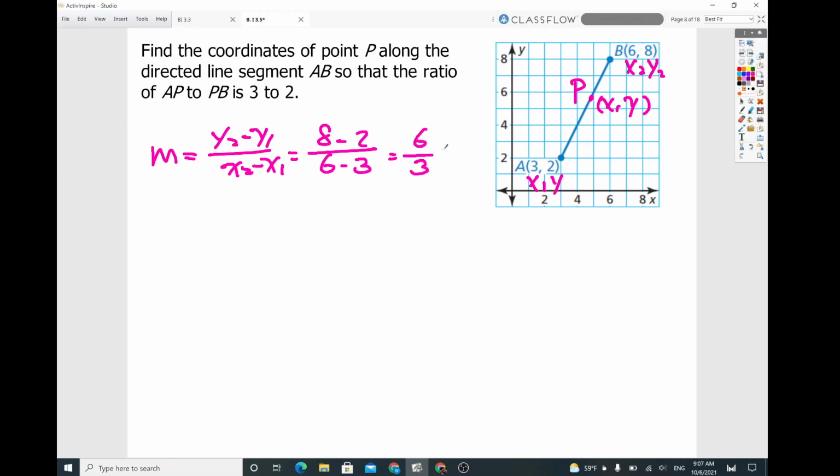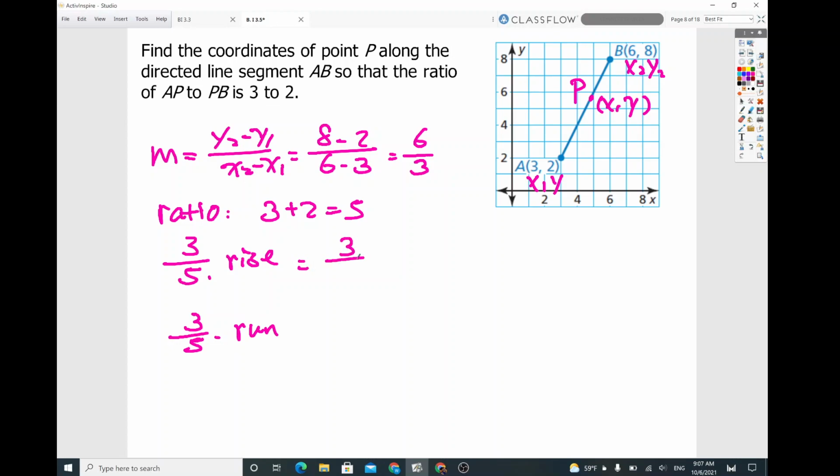Now, without reducing the number, here's what we want to do next with the ratio. As you can see, the total ratio is 3 and 2 combined together, which is 5. So the major ratio is 3 over 5. Using that major ratio, we want to multiply by the rise, and using the same fraction, multiply by the run.